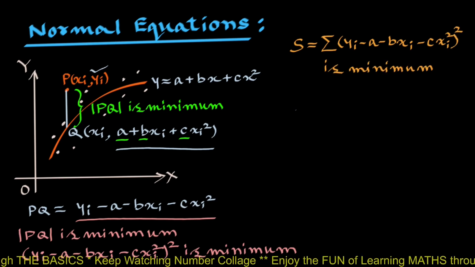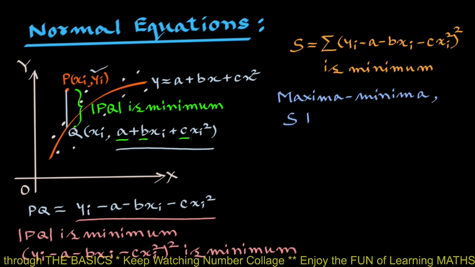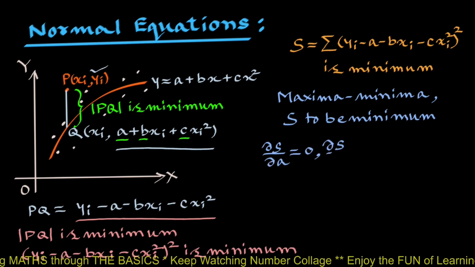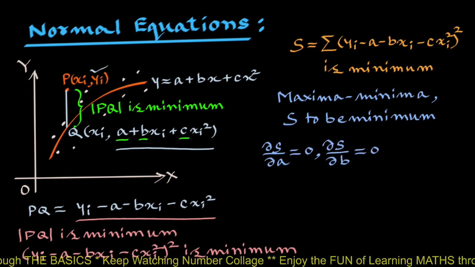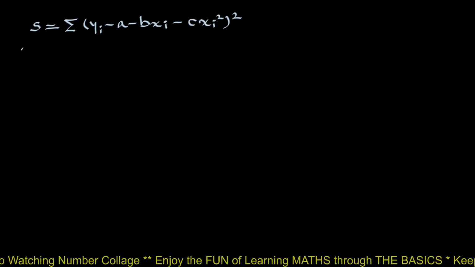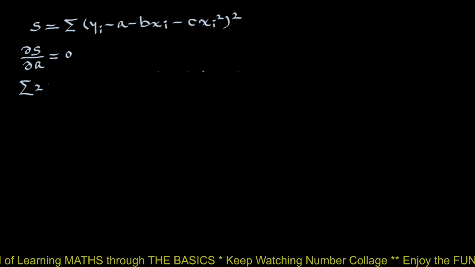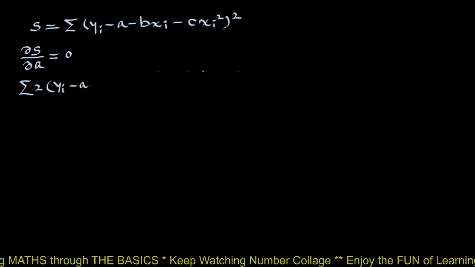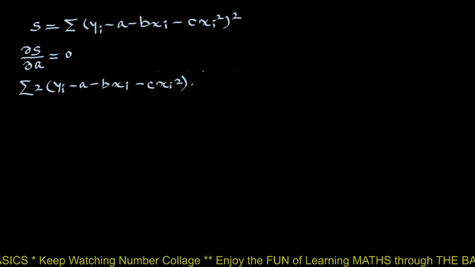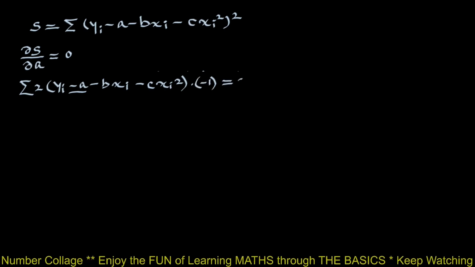is minimum. Now, according to maxima minima, the conditions for S to be minimum will be dou S by dou a equals 0, dou S by dou b equals 0, and dou S by dou c also equals 0. Dou S by dou a equals 0 gives summation 2 times yi minus a minus bxi minus cxi square into derivative of minus a with respect to a, minus 1, equals 0.